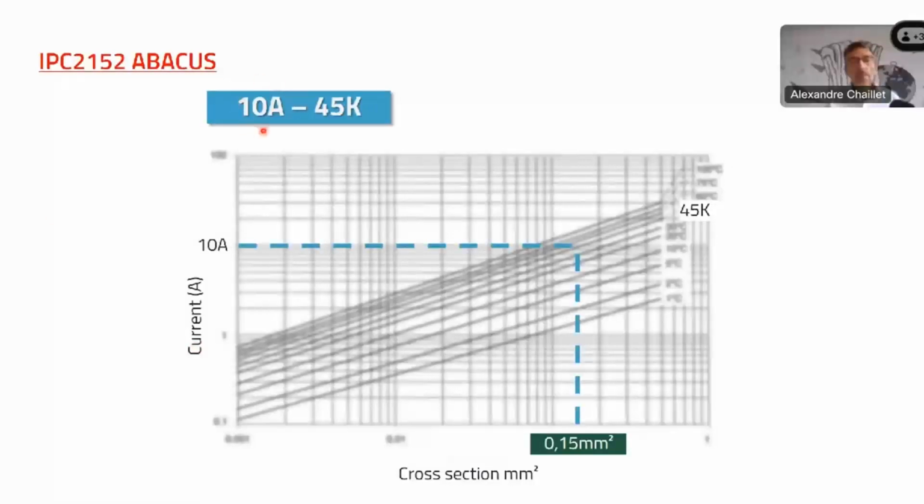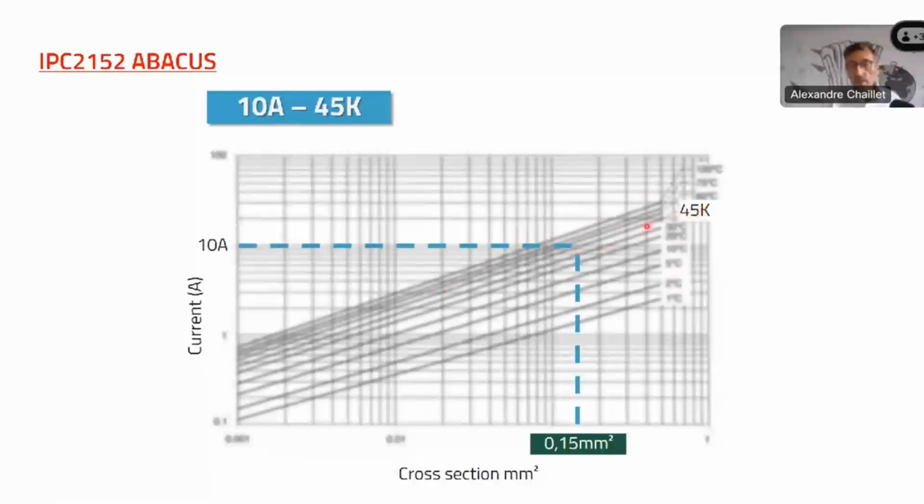We want to design a trace for 10 amps at a temperature rise around 45 Kelvin, so 45 Kelvin above the ambient temperature. The current is here, 10 amps, and then here you see lines that define from 1 to 100 degrees Celsius.